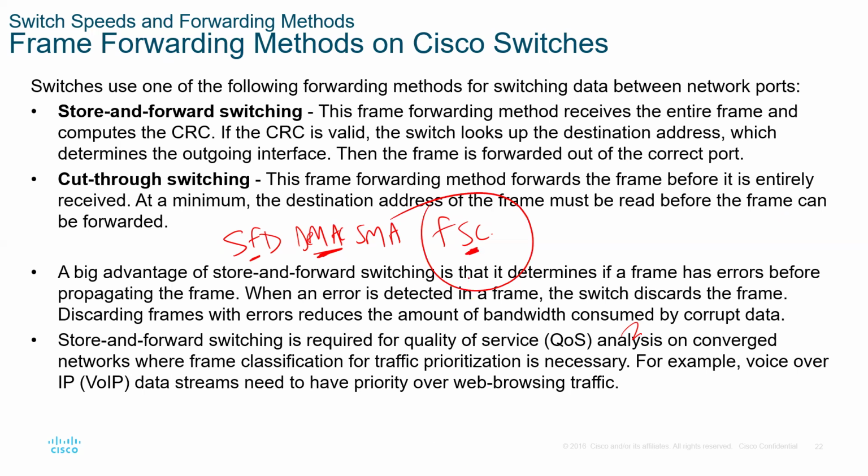Okay, QoS. This is very important. Store and forward allows us to deal with QoS, that error checking, error detection, enabling QoS. Those are some of the advantages that come with store and forwarding.